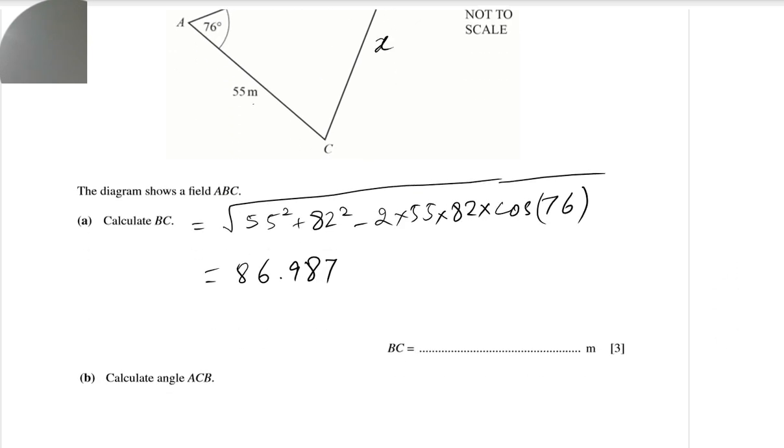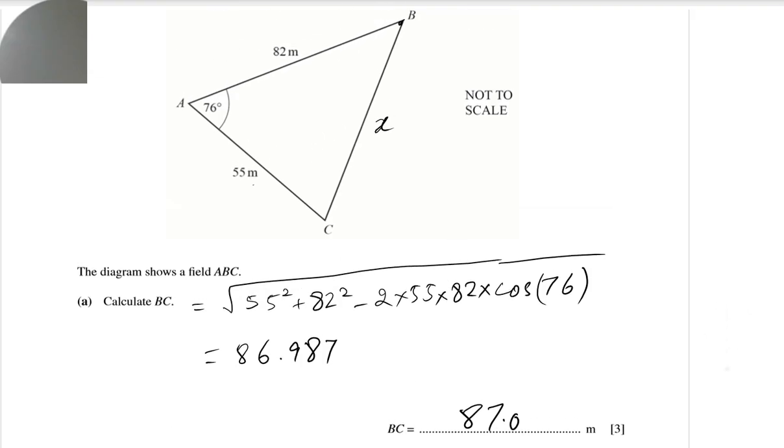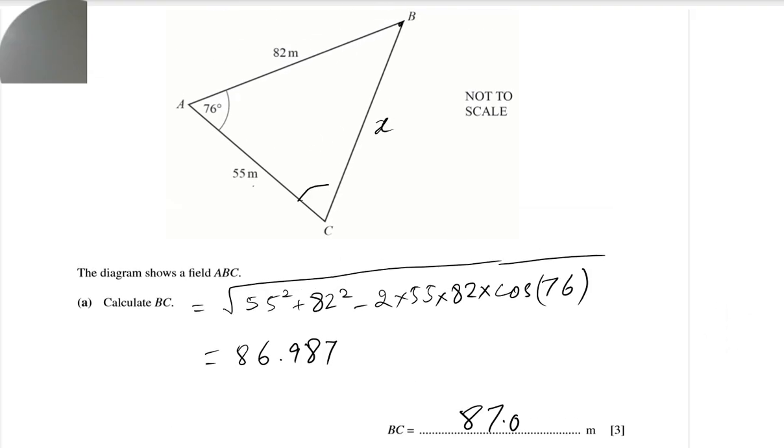It can be rounded to three significant figures, so it will be 87.0. Now we need to find the angle ACB. So the letter in the center is actually the angle you need to find. So this would be this angle.